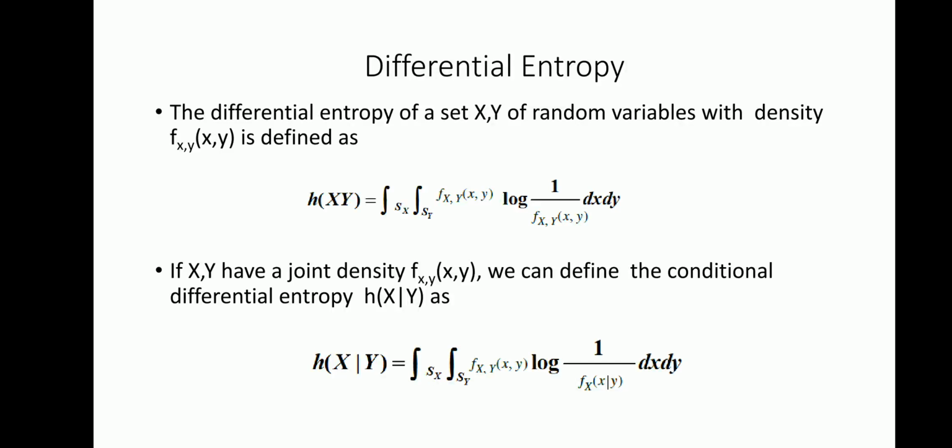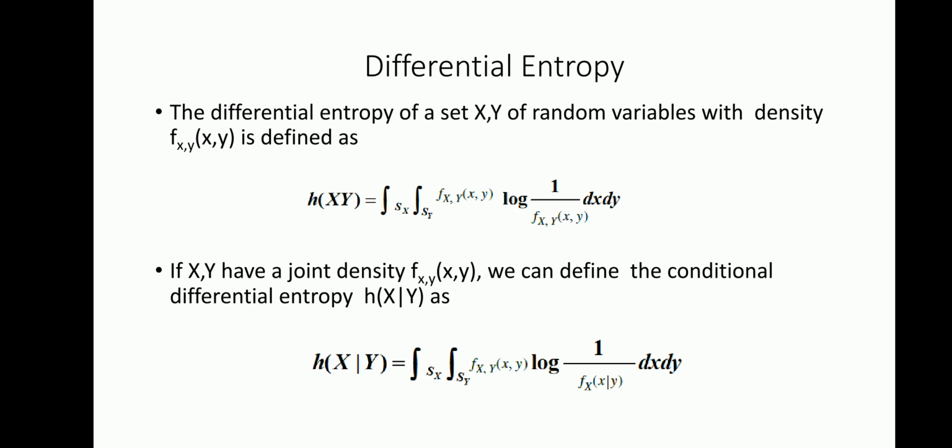We can also define the joint differential entropy as well as the conditional differential entropy. The joint differential entropy is defined as h of xy equal to the double integral of fxy of x comma y log of 1 by fxy of x comma y dx dy, where this fxy of x comma y is called the joint density function.